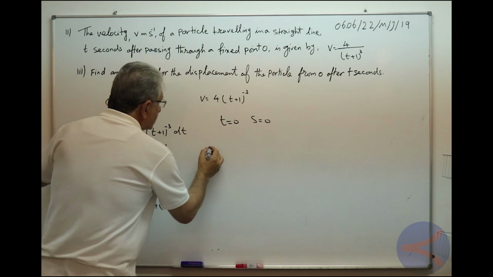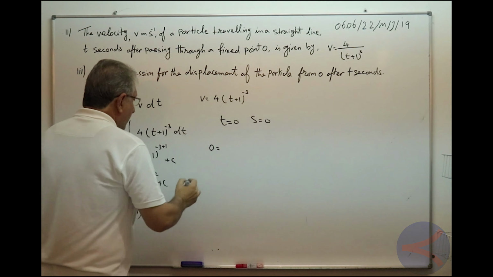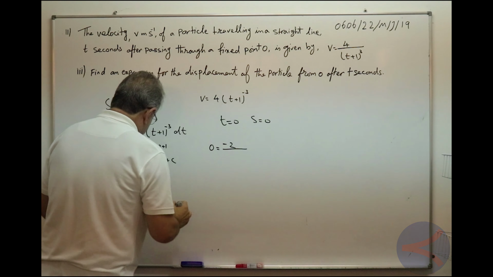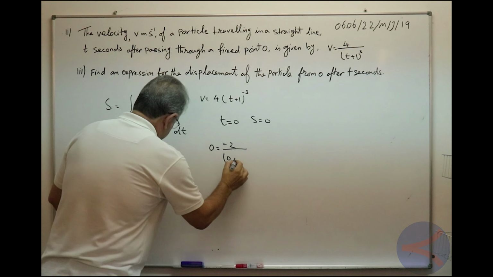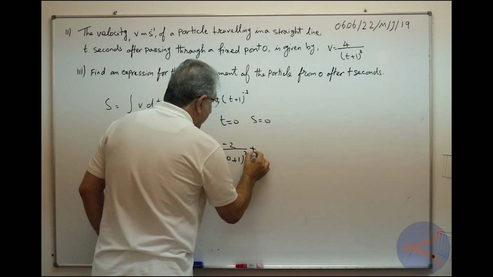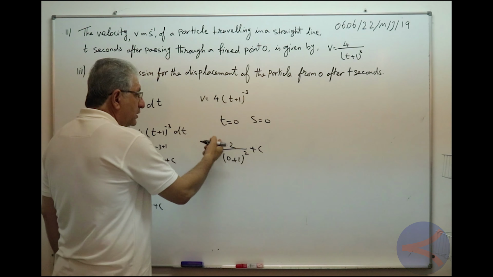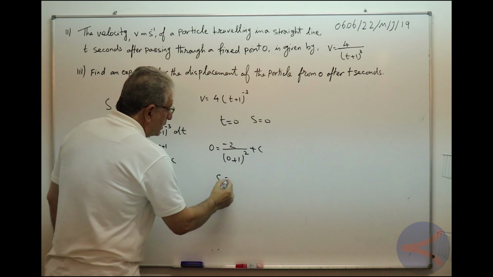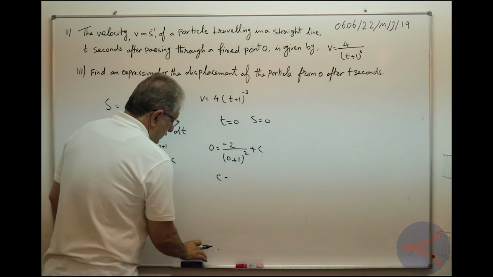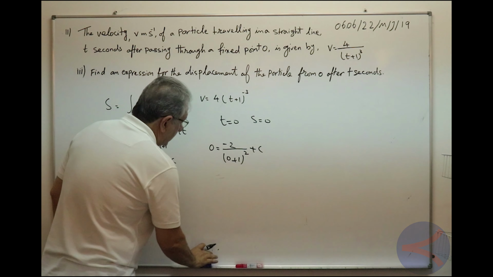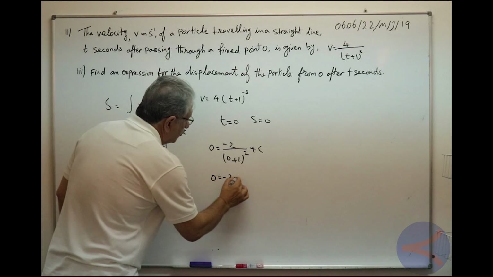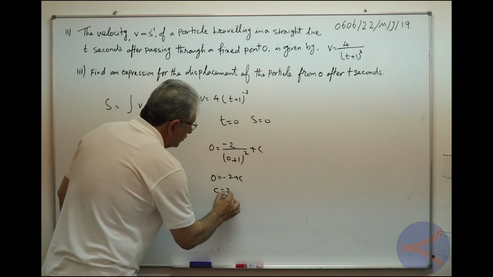So we can find the value of C. Therefore, 0 is equal to minus 2 divided by (0 plus 1) to the power of 2, plus C. From here you can see this is 1, 1 to the power of 2 is 1, therefore 0 is equal to negative 2 plus C, therefore C is equal to 2.